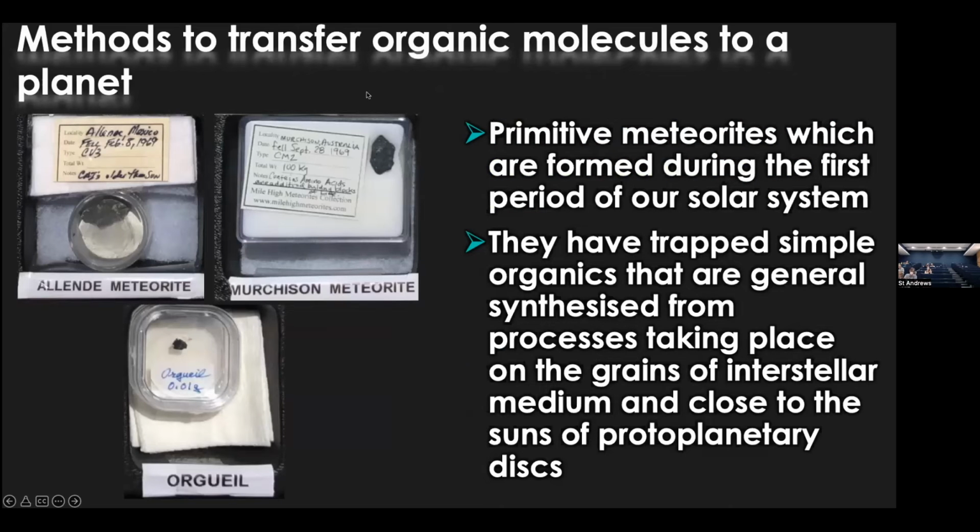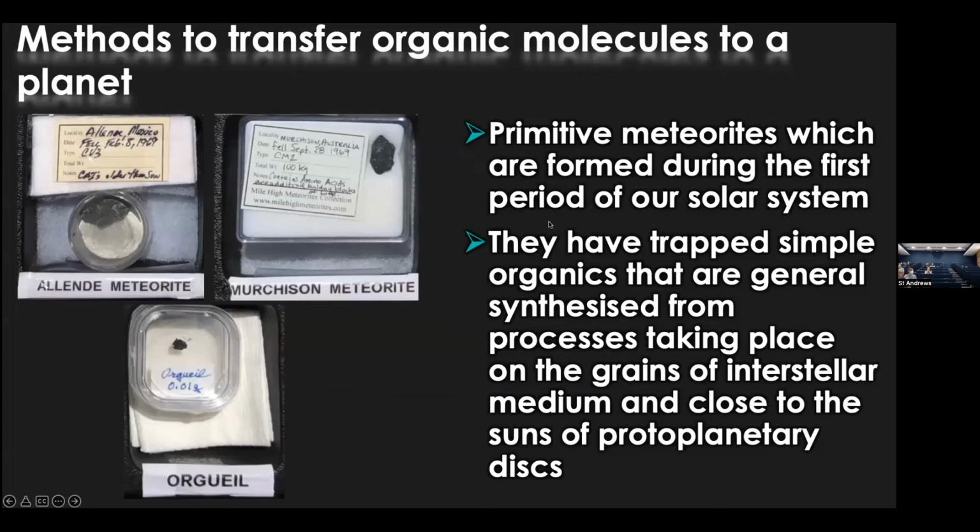Now about methods to transfer organic molecules to a planet, you would have seen three very nice examples: Allende meteorite, Murchison meteorite and Orgueil meteorite. Okay, here with me I have one additional, which is very similar, the Winchcombe meteorite, which is very similar to the Hayabusa samples, if you want to see it from close.